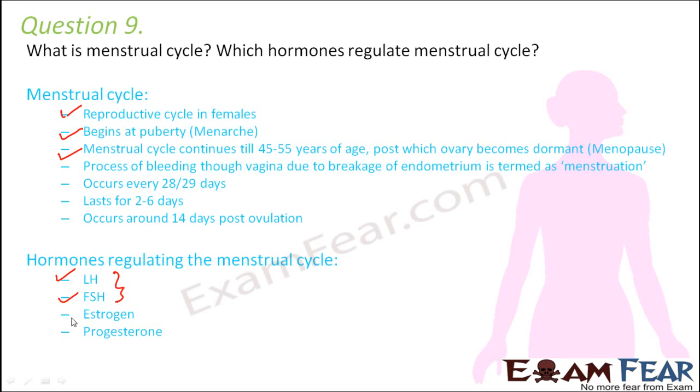Similarly, estrogen and progesterone, the progesterone actually determines the thickening of the endometrium. So all these things are related, and these hormones regulate the menstrual cycle. If the balance of any of these hormones is disturbed, then the menstrual cycle might get disturbed.